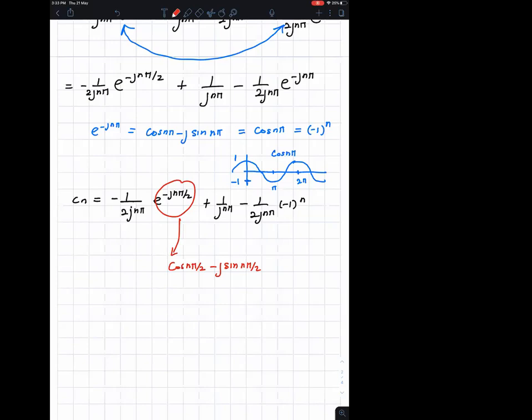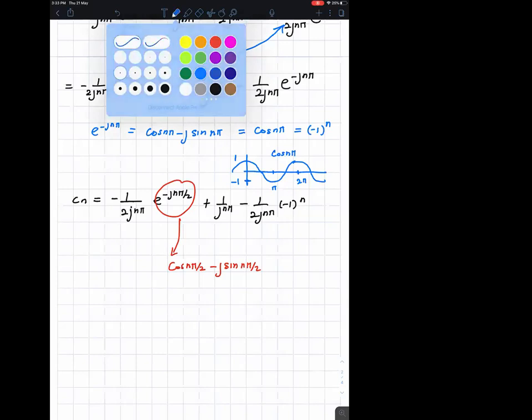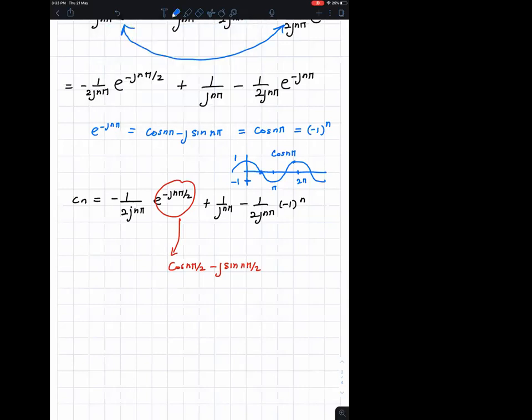If we look at the cosine here, pi over 2 is 0, and then 3 pi over 2 is also 0. So for multiples of pi over 2, this is going to be 0.